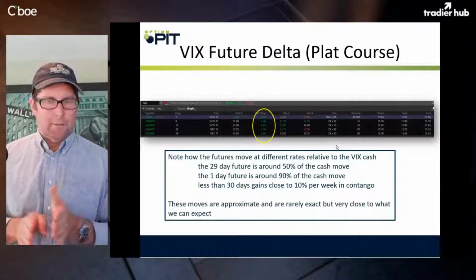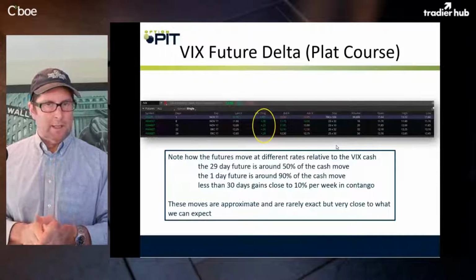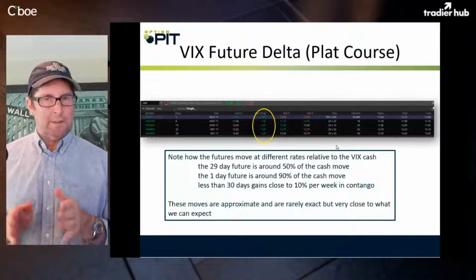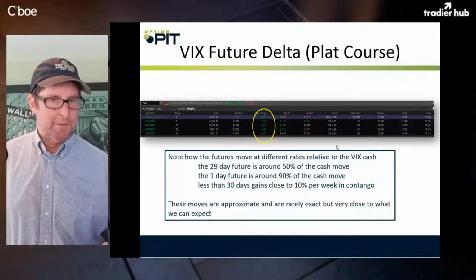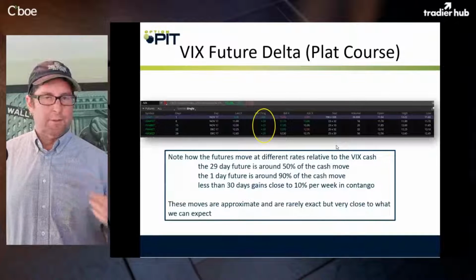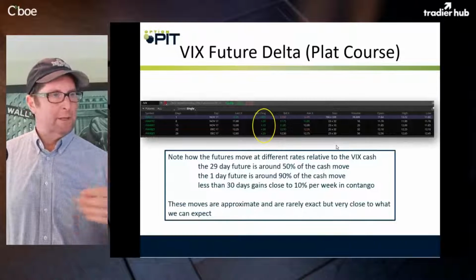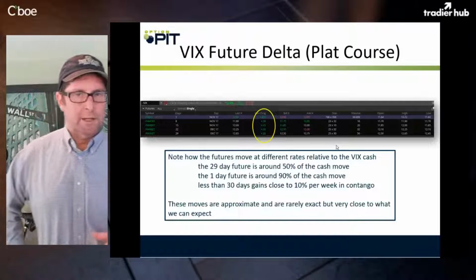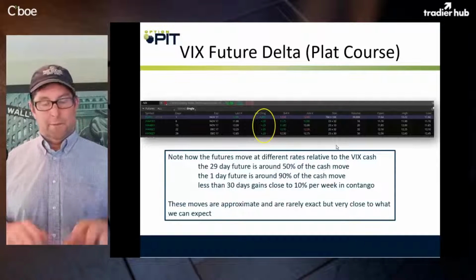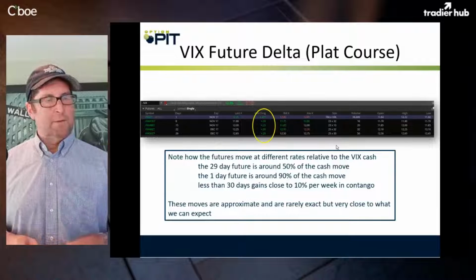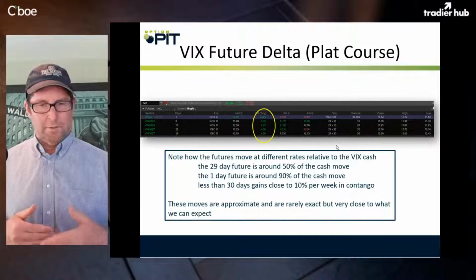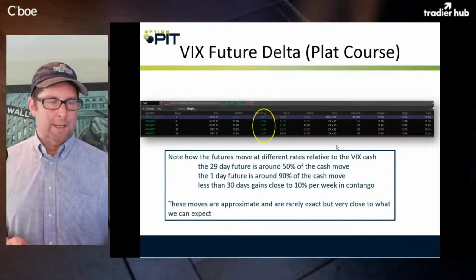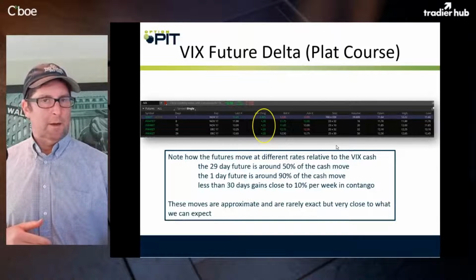And then again, the difference between the 1 day and the 30-day is about 10% per week. So basically, if a 1-day future is moving around 90%, an 8-day future around 80, then 70, then 60, then 50. So you think of it basically, 30 days out, you have a 50% move, 3 weeks in around 60. So the futures move roughly, not exactly, but roughly on that ratio.